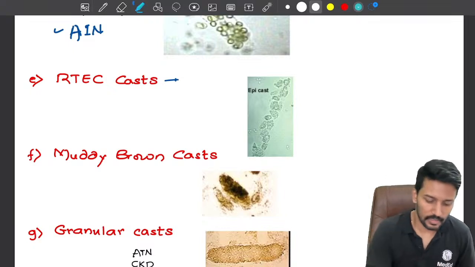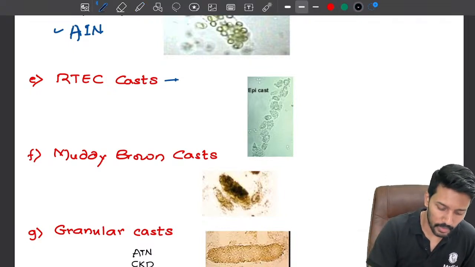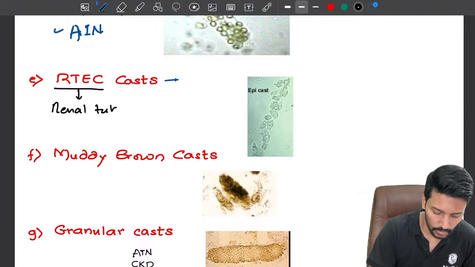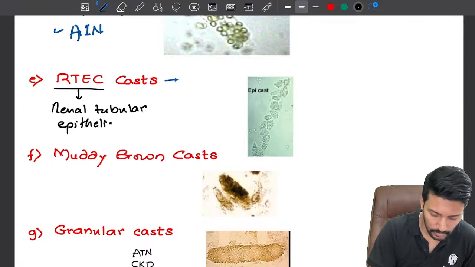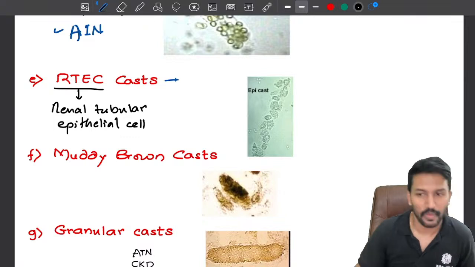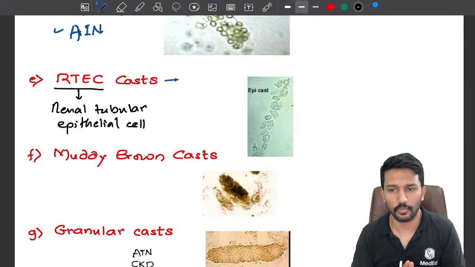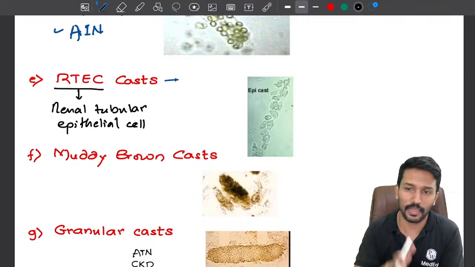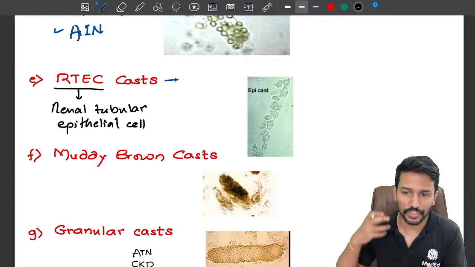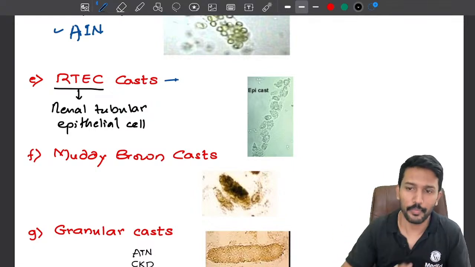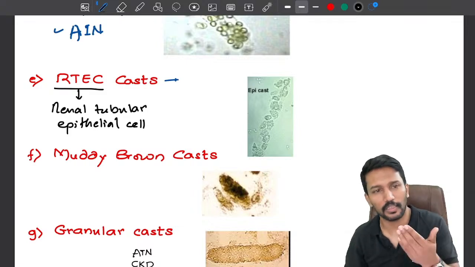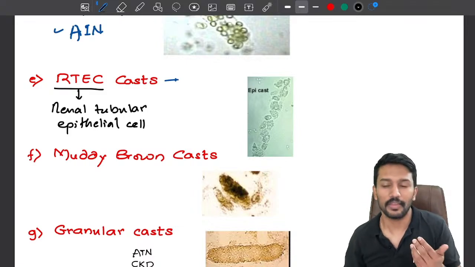Okay. The next cast is called RTEC cast. Now what does RTEC stand for? Renal tubular epithelial cell cast. Okay. When the epithelial cells are shed, hyaline cast will anyway be formed in normal individuals. When the renal tubular epithelial cells are shed, those shed cells will impregnate the hyaline cast, giving you a renal tubular epithelial cell cast.